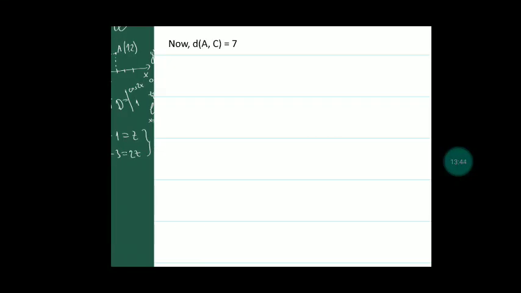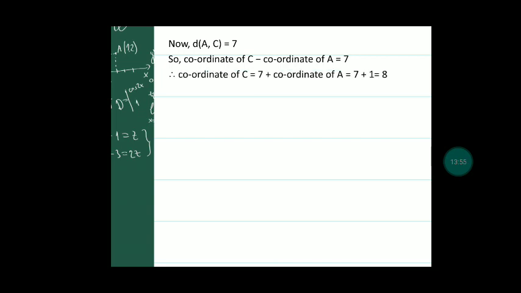Now distance of AC is equal to 7. So coordinate of C minus coordinate of A is equal to 7. Therefore coordinate of C is equal to 7 plus, side change, coordinate of A, which is 7 plus 1, equal to 8. Also distance of BA is equal to 7.